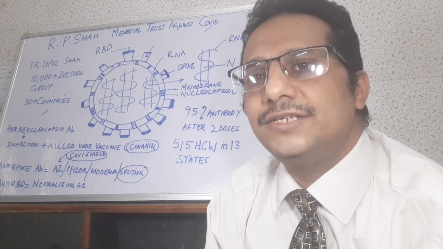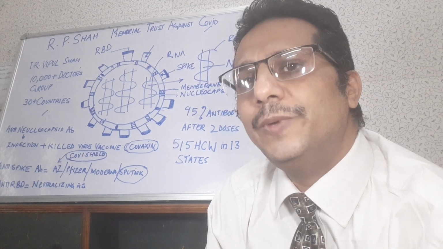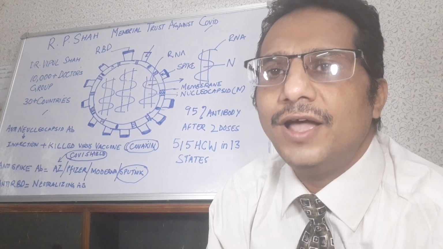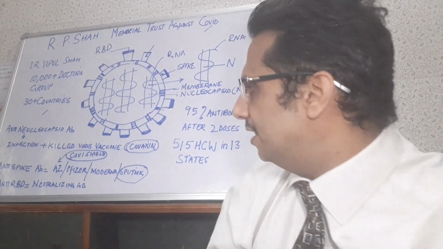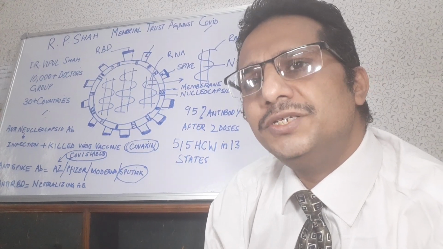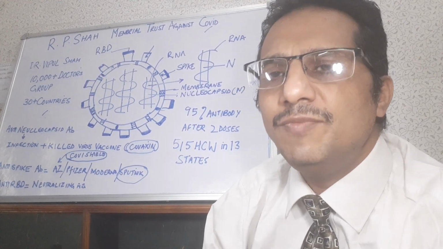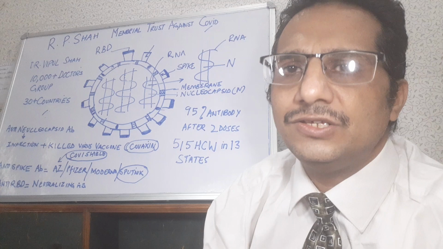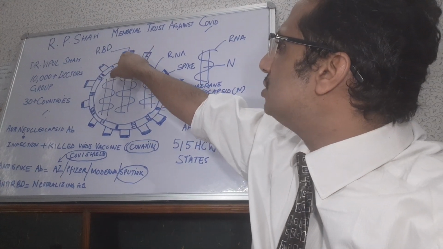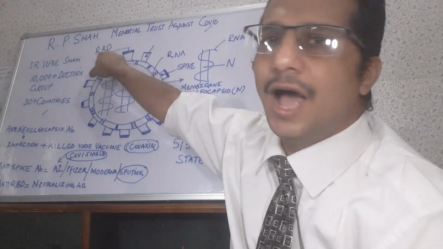The other test, now the problem is the anti-spike antibody measures whether you've got the vaccine or not, and these are the 4 classes of vaccines. But then it does not measure whether the antibody is able to bind the virus or not. So there is a part of the spike protein which is called the receptor binding domain, RBD.